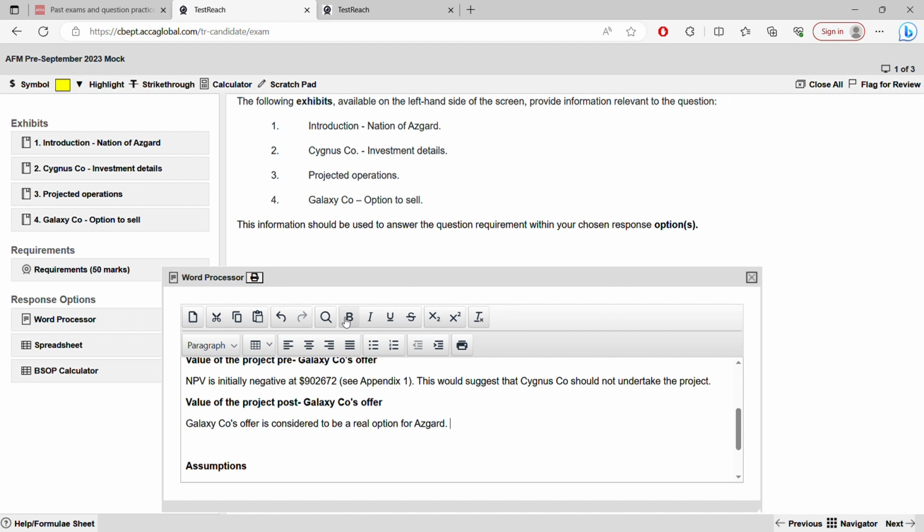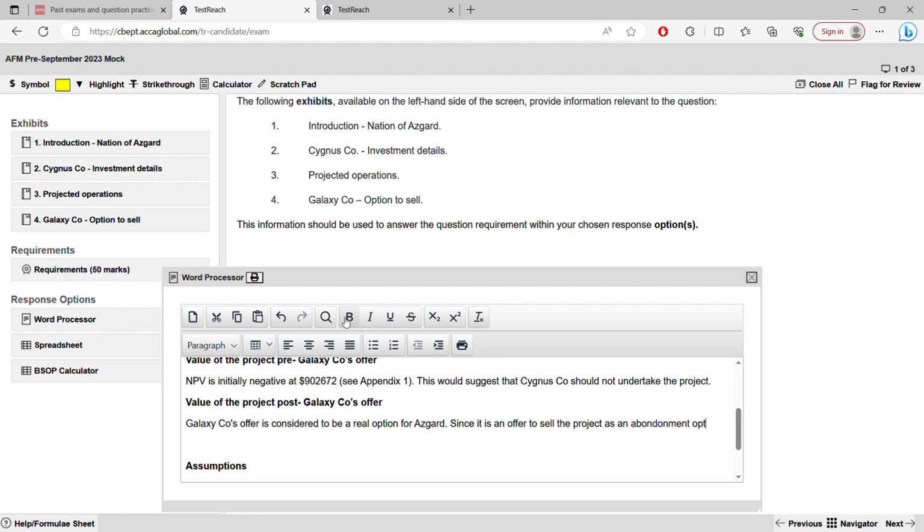Okay. So since it is an offer to sell the project, it's an abandonment option.